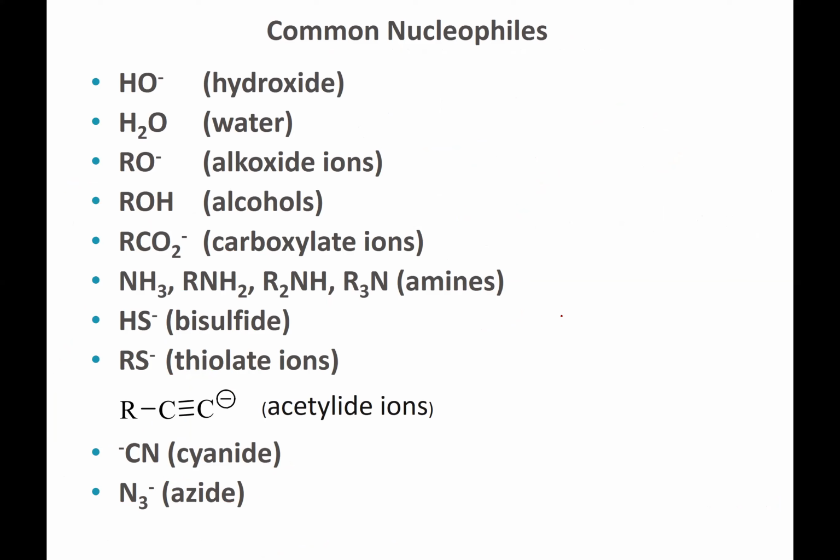So here's a list of very common nucleophiles. We'll see all of these reactions as we study them. What they have in common, of course, is they have one or more lone pairs of electrons that can form a bond to a carbon, right? This is hydroxide. You recognize a bunch of these. Of course, this is water. RO minus is an alkoxide ion. It's the conjugate base of an alcohol.